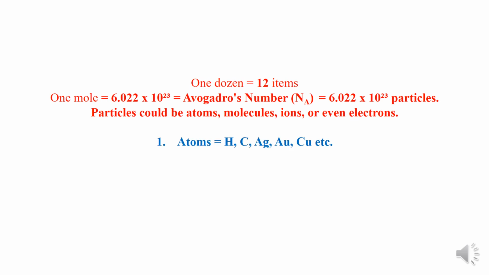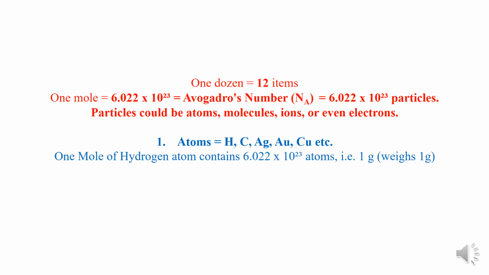Now let's consider the mole concept in terms of atoms. For example, in the case of hydrogen atom, 1 mole of hydrogen atoms contains 6.022 into 10 to the power of 23 atoms. That is 1 gram.